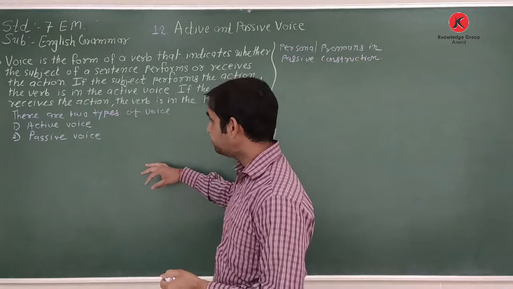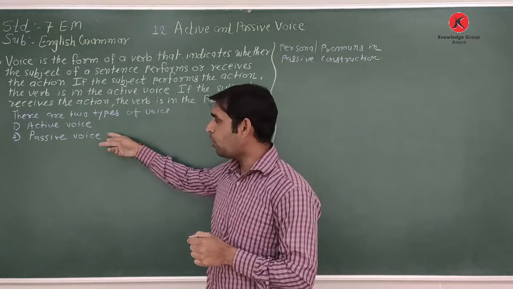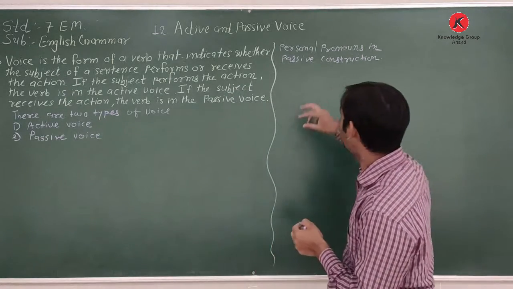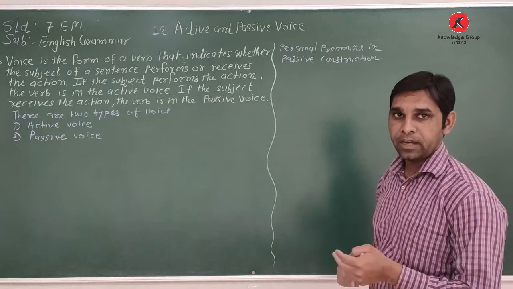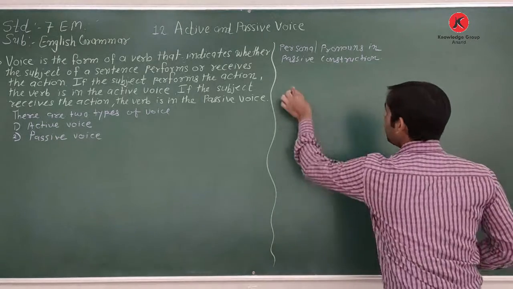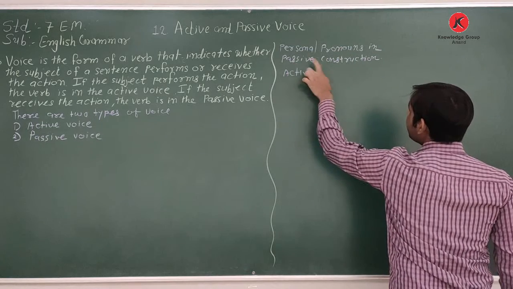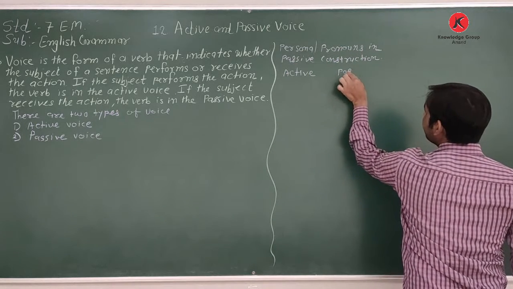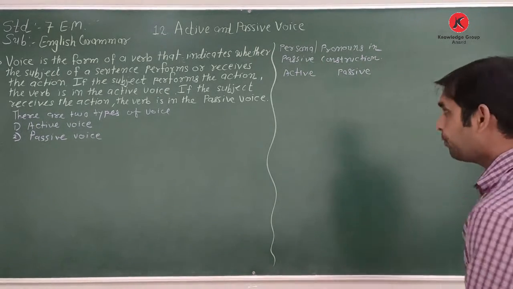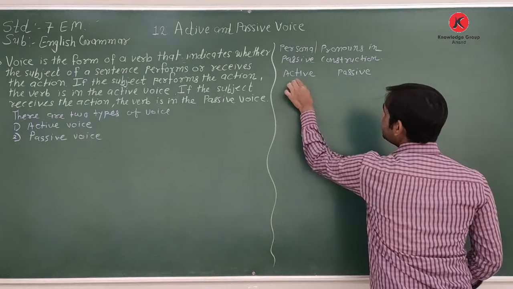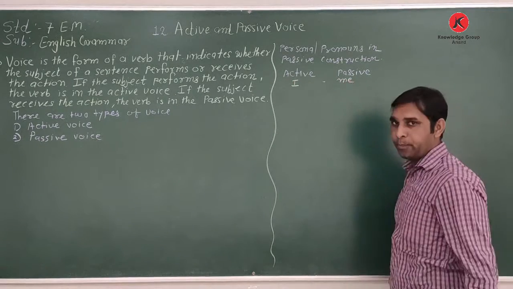Before I give examples of active and passive voice, first of all we learn about the personal pronouns in passive construction, which we use in active and change into passive. In active, if we use the pronoun I, we change it into me.